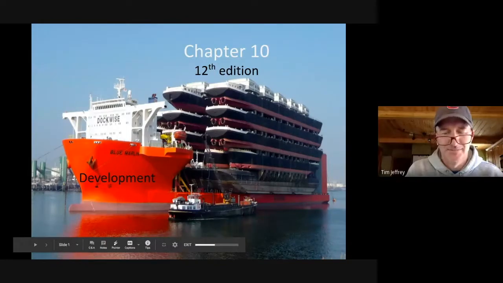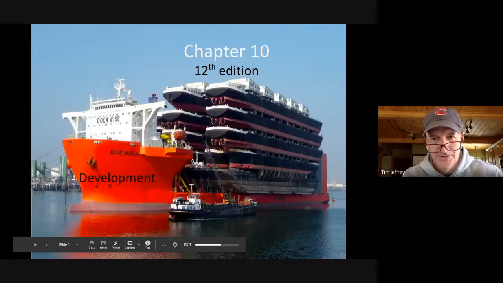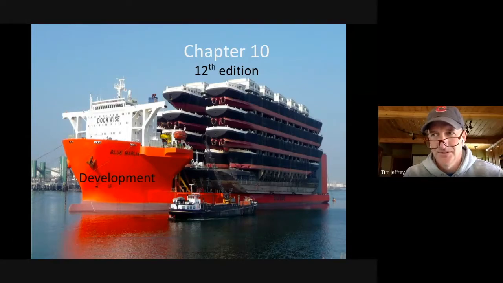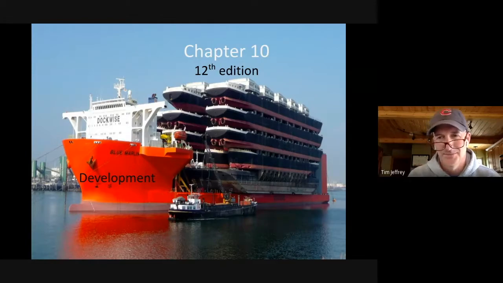Before we get into this, I'm not going to spend a ton of time on chapter 10, only because if you follow the units compared to the chapters of our book, development's not one of the units that's going to be covered on the AP exam. But keep in mind, this unit kind of overshadows all of the units and chapters, right? I mean, we talk about development during population, we talk about development during migration, we talk about development during culture and so forth.